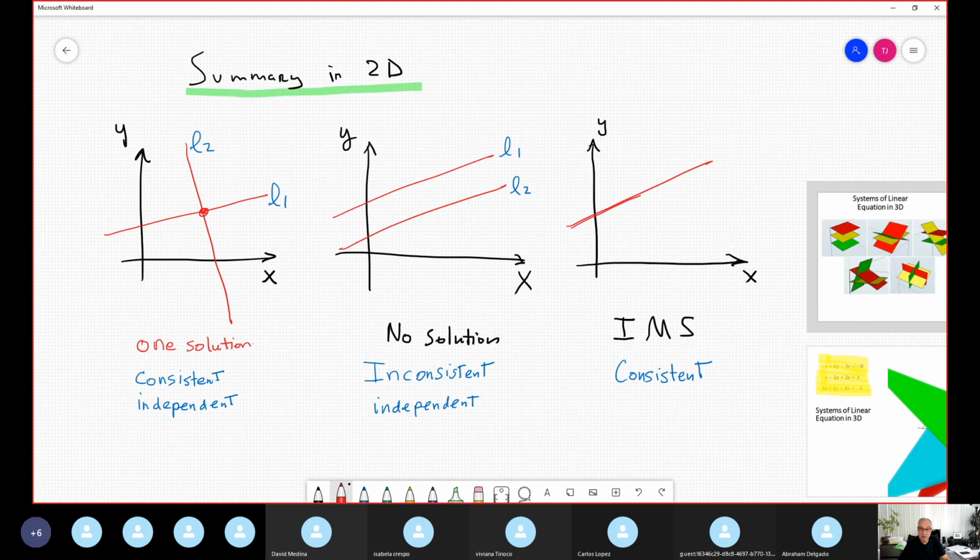This and this are the same, so line 1 is equal to line 2. We have infinitely many solutions, but the system is dependent. Dependent means that we have the same graph. These are the three possibilities in two dimensions.